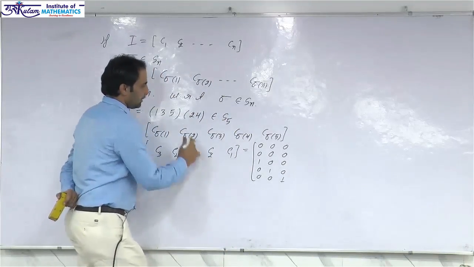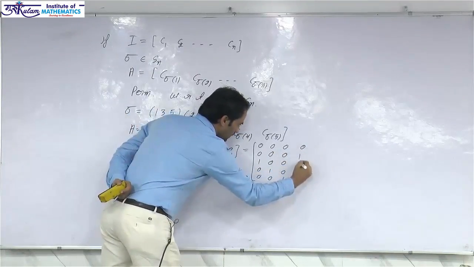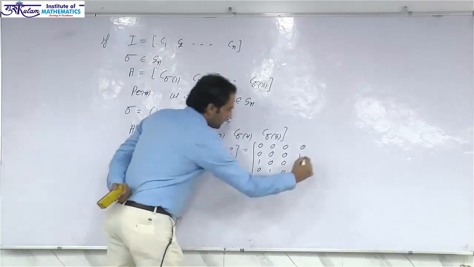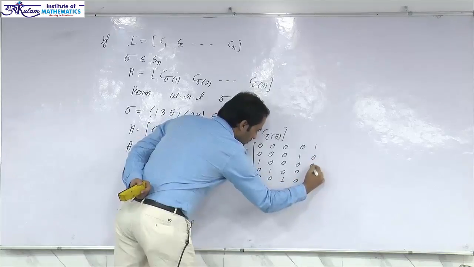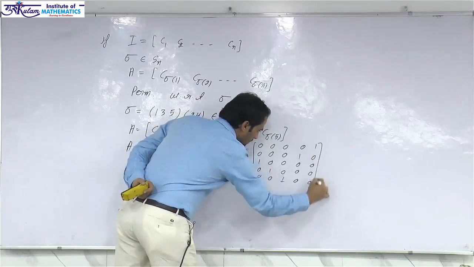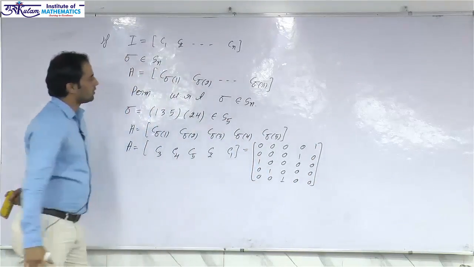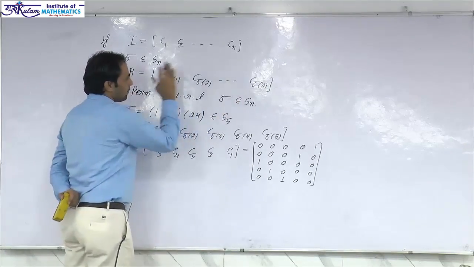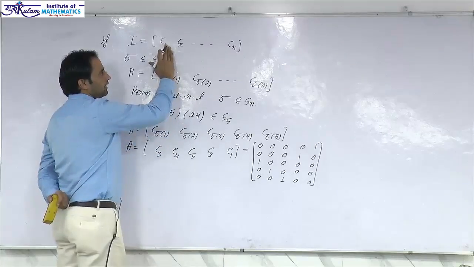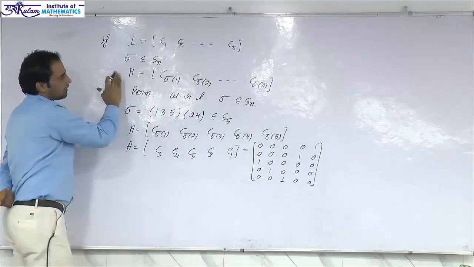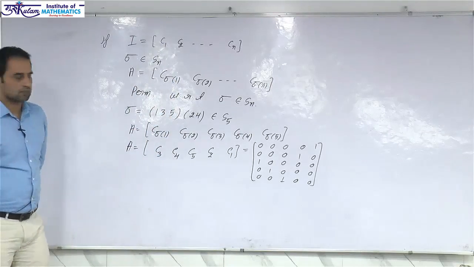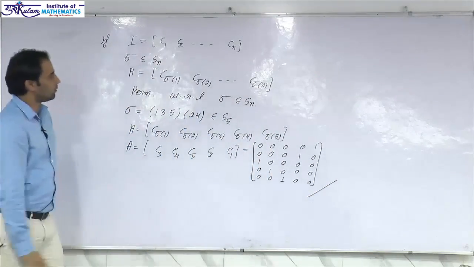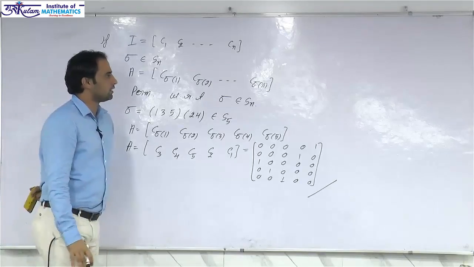Then the second column of the identity matrix which is 0, 1, 0, 0, 0. Then the first column of the identity matrix which is 1, 0, 0, 0, 0. So, this is a permutation matrix. So, basically we are permuting the columns of the identity matrix, and the resultant matrix is called a permutation matrix.